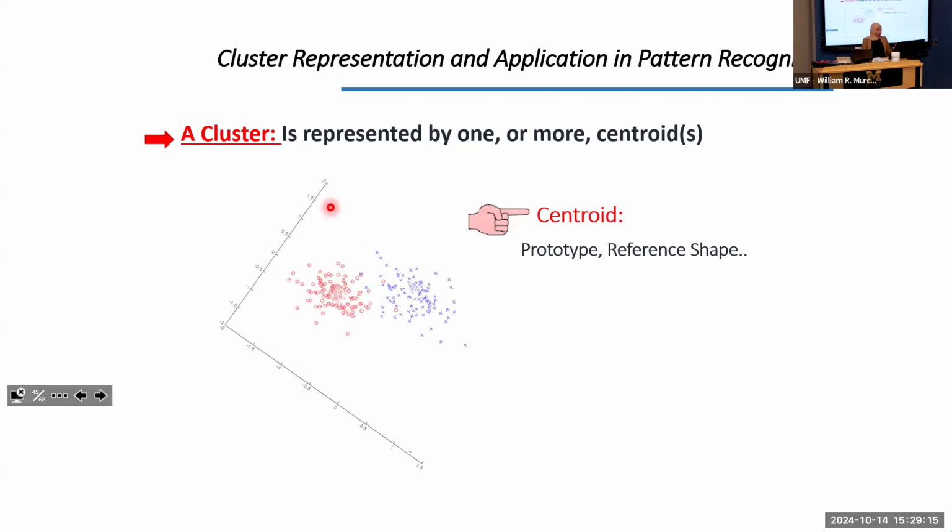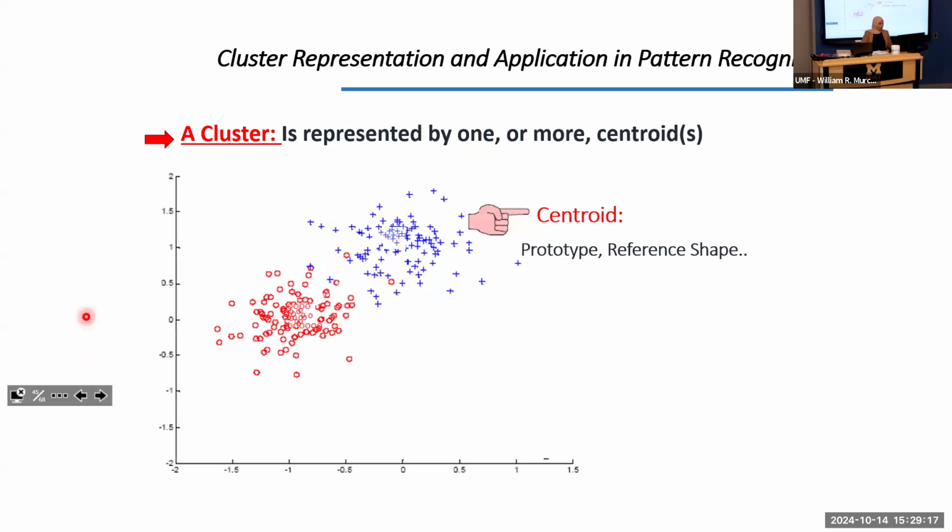Now, for example, we have a set of points, and we want to decide how many clusters there are. These are represented by plus symbols, and these are represented by circles. Let me specify things: because it's a reference shape, it must have accurate information.